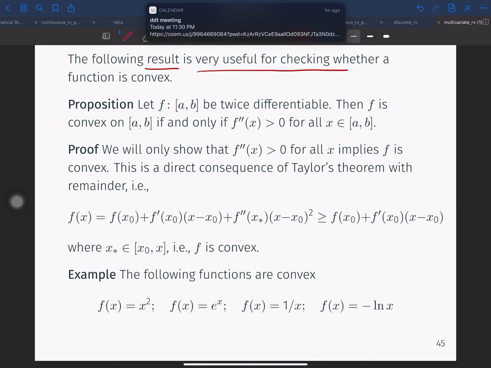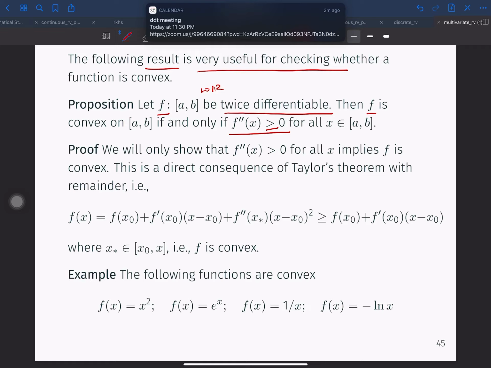If you have a function f from (a, b) to R, and suppose that f is twice differentiable, then f is convex if and only if the second derivative is non-negative. So this is a very useful result to check.